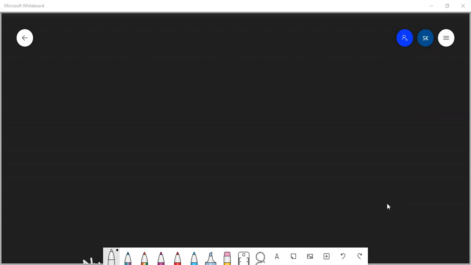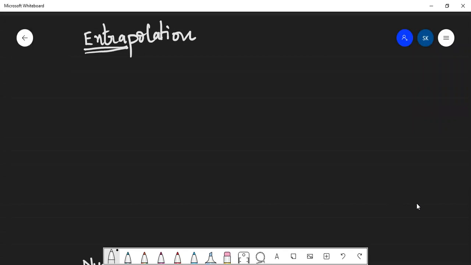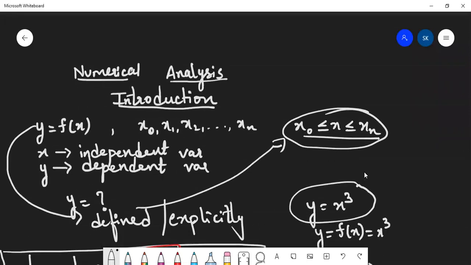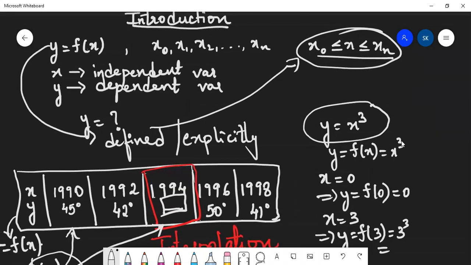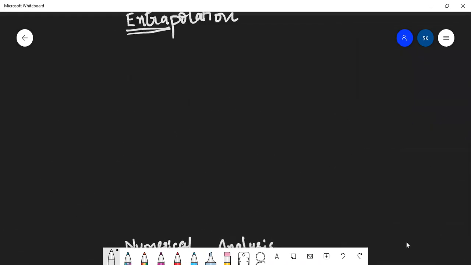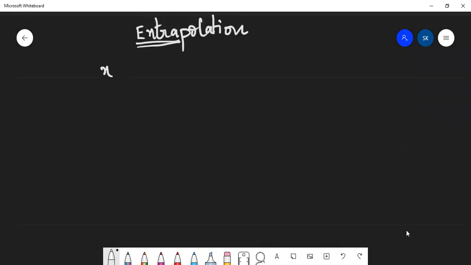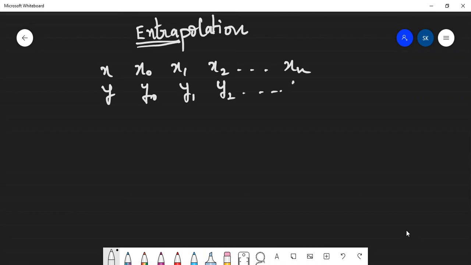Now just for a glance, we'll see what extrapolation is. From the word itself you could guess. It's the same thing. You have a table, that is, x and y values like this: x0, x1, x2, and so on, xn, with corresponding values y0, y1, y2, and so on, yn.